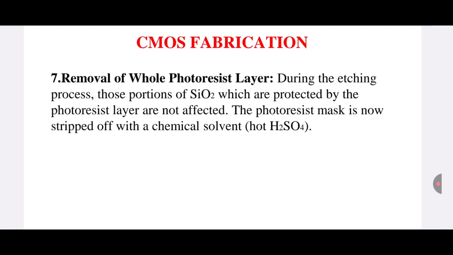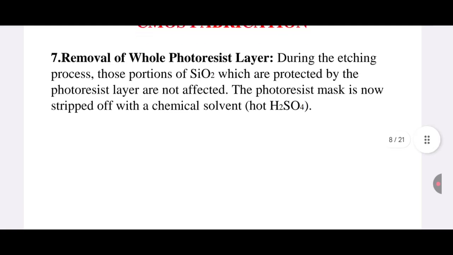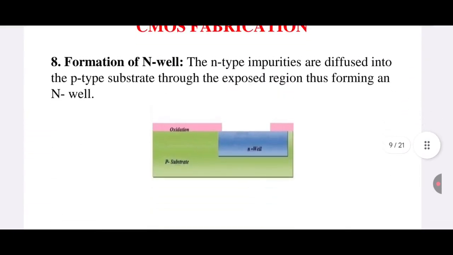Previously we removed only a certain portion of the layer. Here in this step we are going to remove all the layer of photoresist. Here we will take the help of solvents like H2SO4. And then we are going to diffuse the N-well inside the P substrate.